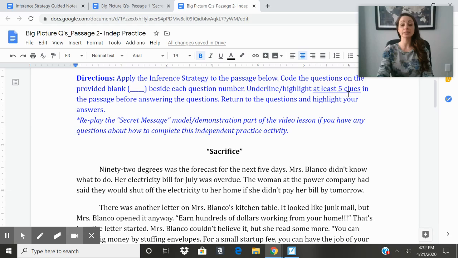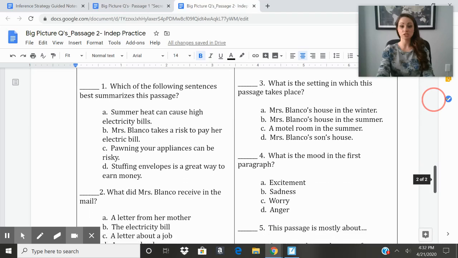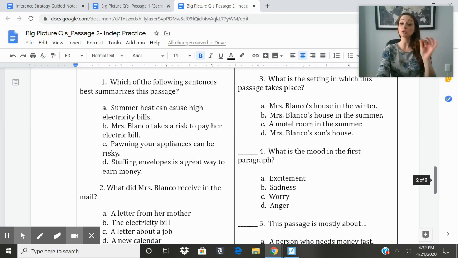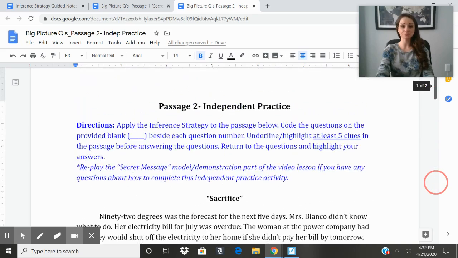Underline, highlight at least 5 clues in the passage before answering the questions. Now I'm asking for 5 clues because you have 5 questions. There is at least 1 clue associated to each question. It is absolutely okay to underline more than 5 clues, but you will definitely have at least 1 clue in the passage associated with each question.